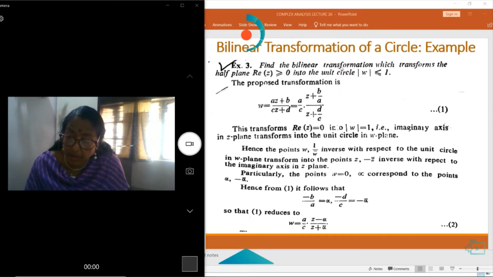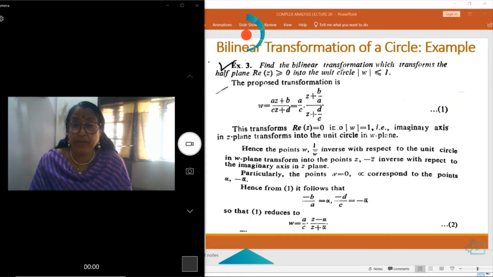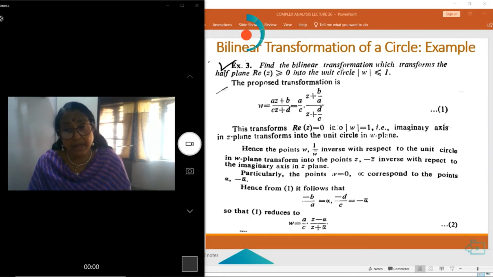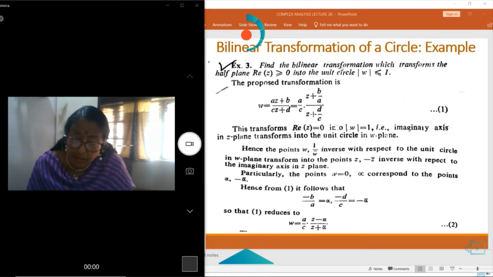Now see, the points w and 1 by w bar are inverse points with respect to a unit circle. We did the theory previously. If w is inside the circle, then 1 by w bar will be the inverse of this w.